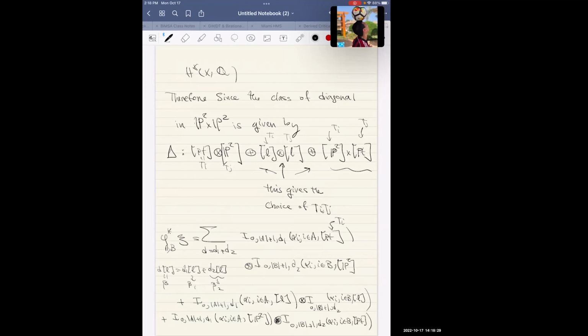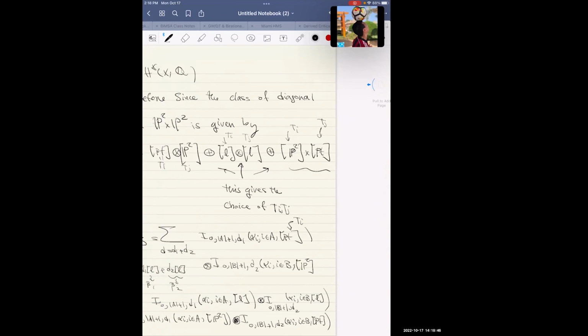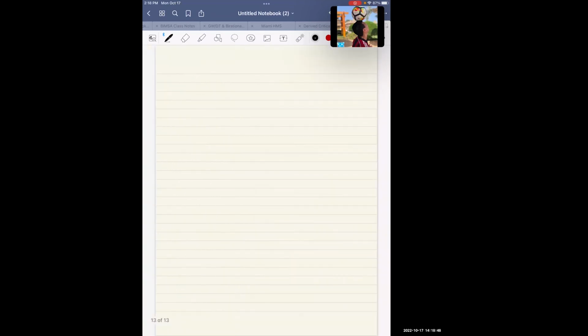Okay. If you haven't followed what we have so far, just let me know now. Okay. So that's it. So this is exactly the splitting axiom.